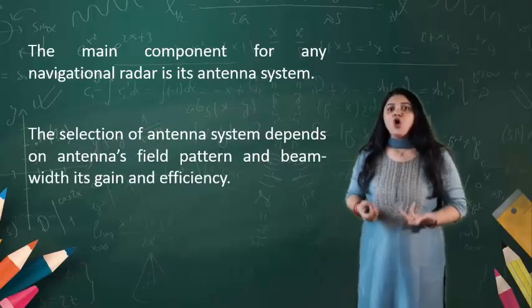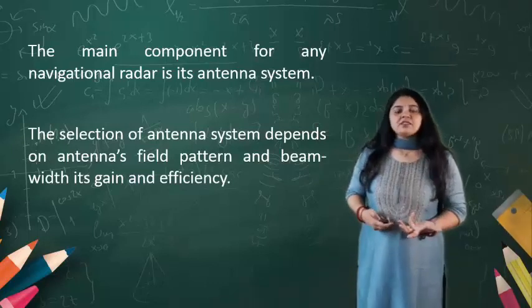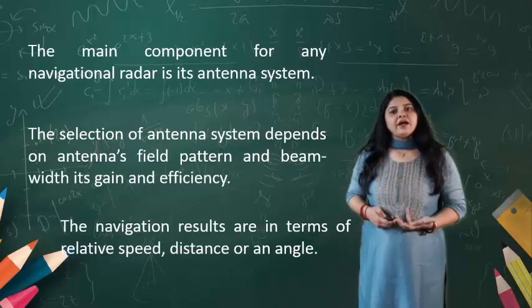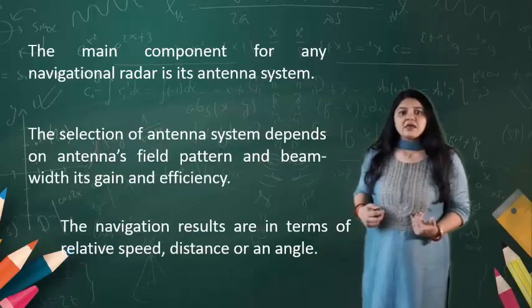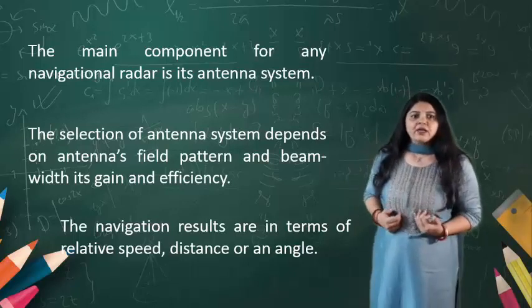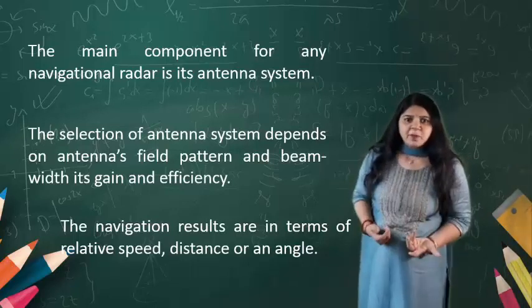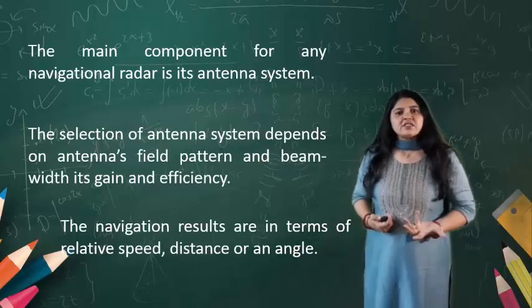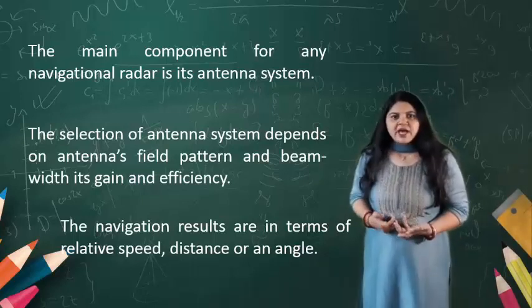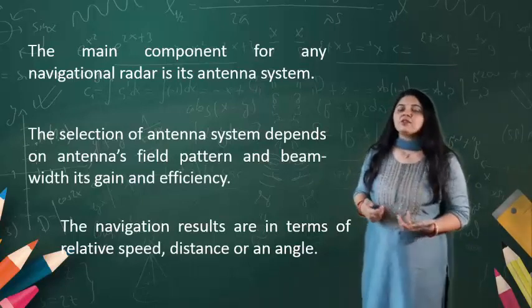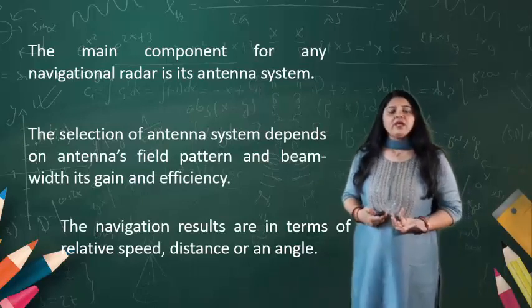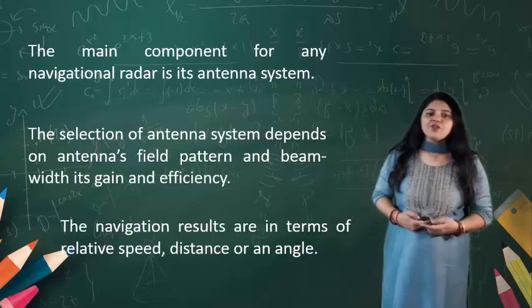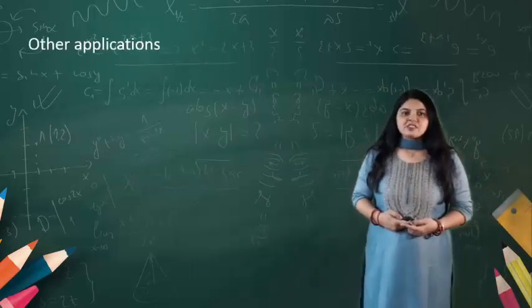According to all that, the selection of the antenna for the radar is done, and it gives us as output the relative speed, the distance of that particular object, and the angle. These are the outcomes of the navigational system.